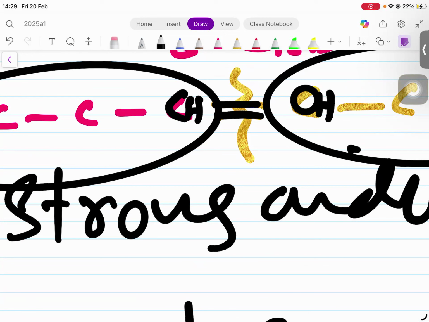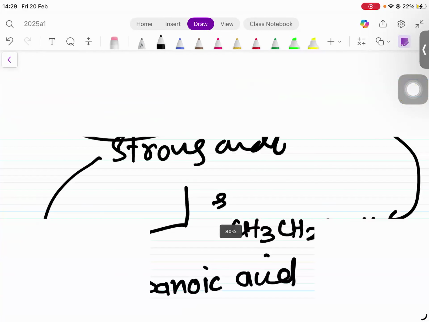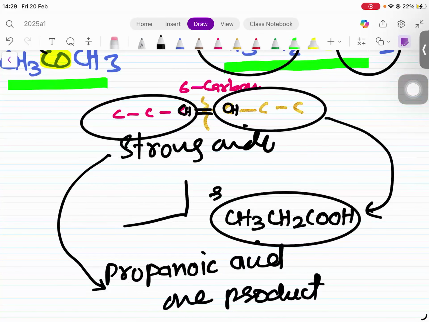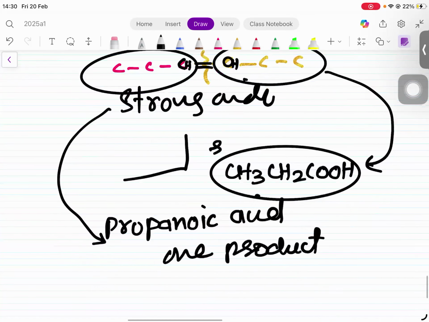No, the product was propanoic acid, formed by the strong oxidation of an alkene. So I got to know that if propanoic acid has 3 carbons, then it is a 6-carbon alkene with the double bond after the third carbon, so it is cut from there. That's what I thought.